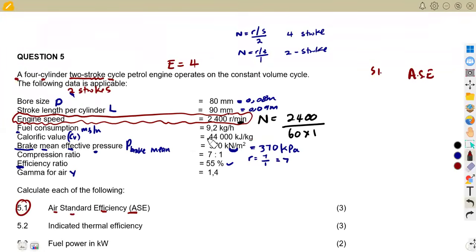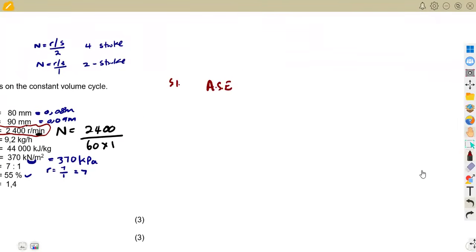We are given gamma here and the compression ratio is 7. So we can use that formula, which says that the air standard efficiency is 1 minus 1 over R, which is the reciprocal of the compression ratio, to the exponent of gamma minus 1.